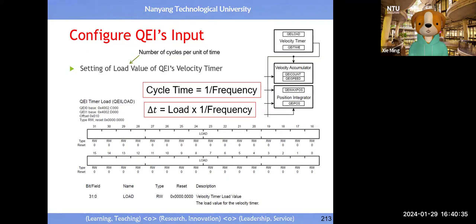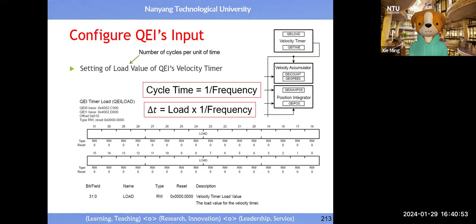So if you load a number of 100 clocks, 1 clock is equal to 1 over frequency in duration. The total duration is 100 times 1 over frequency. You can easily verify that.